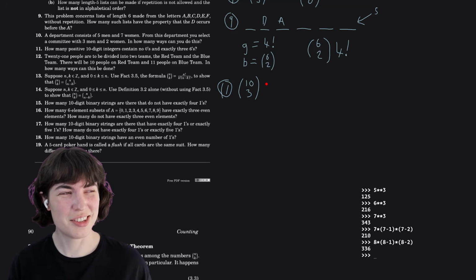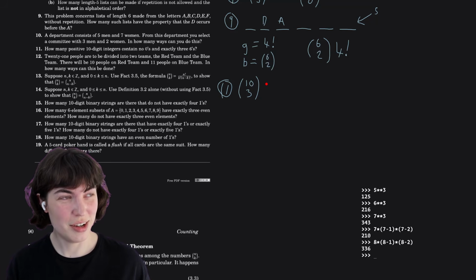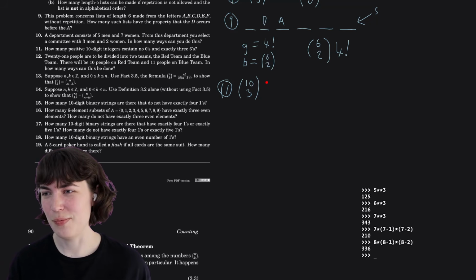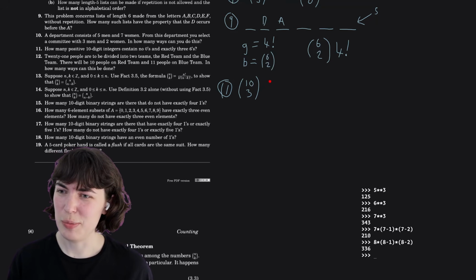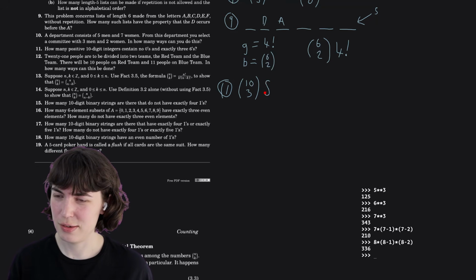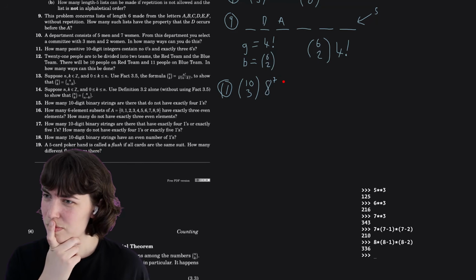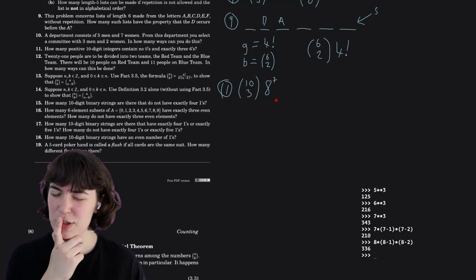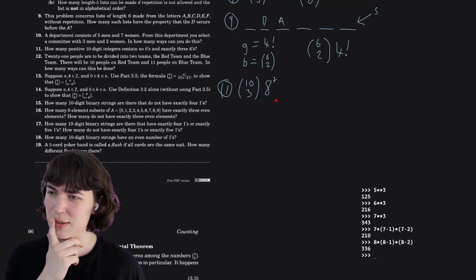We've got 10 digits, 9 without the 0, 8 without the 6. So it's going to be 8 to the power of 7. I think that's right.